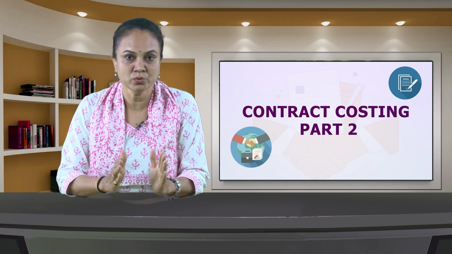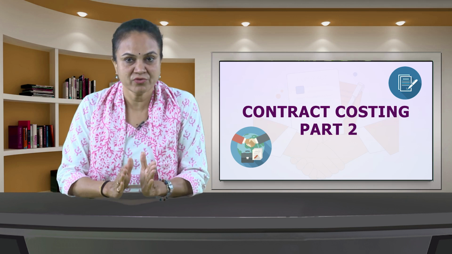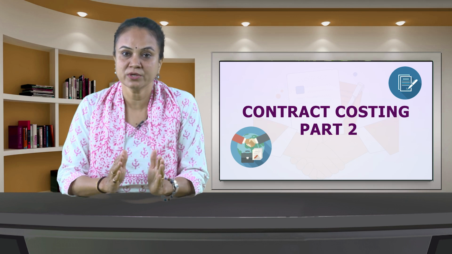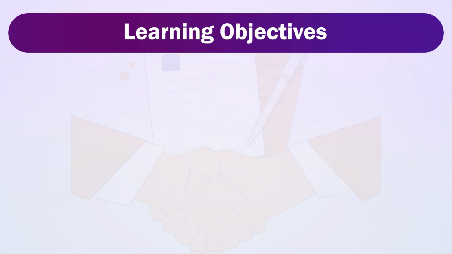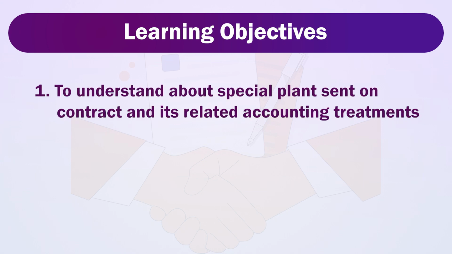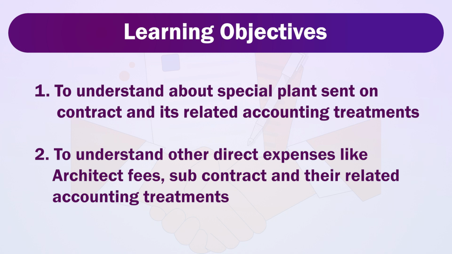In part 2 of contract costing, we will undertake discussion about different expenses. Let's understand learning objective of this part. Number 1, to understand about special plant sent on contract and its related accounting treatments. Number 2, to understand other direct expenses like architect fee, subcontract and their related accounting treatments.